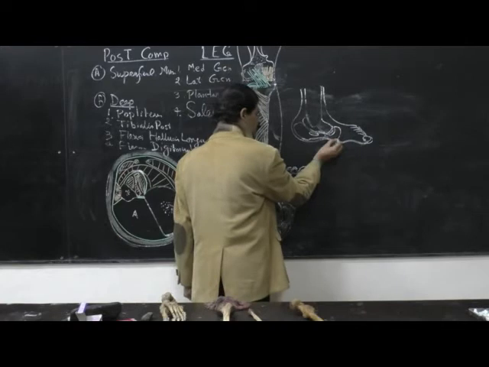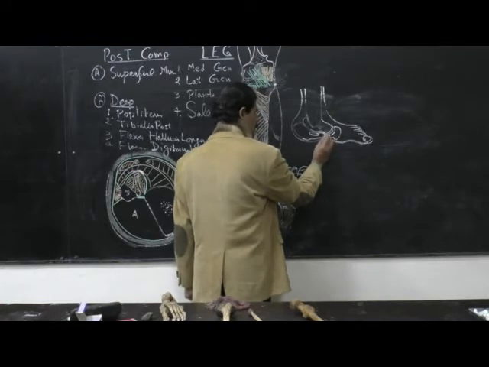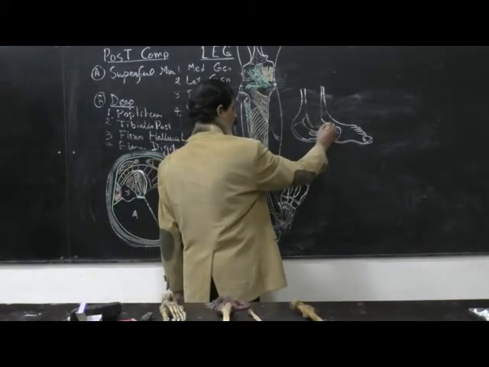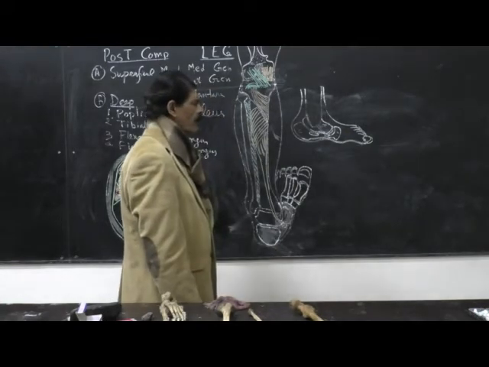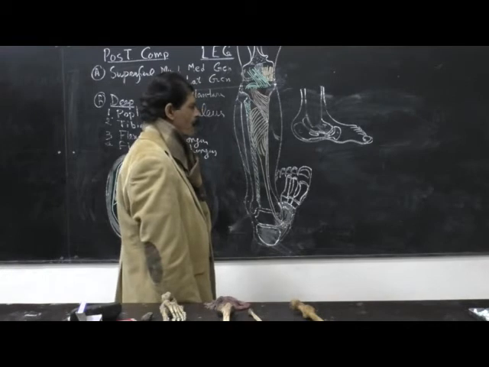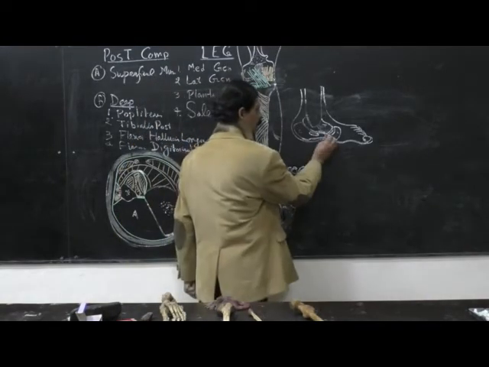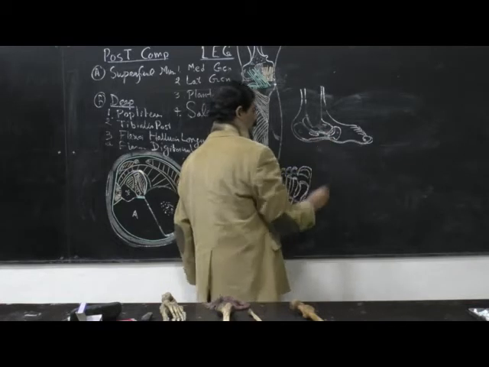The plantar surface of the navicular bone has an oblique groove, like we have done for the cuboid bone. The navicular is board-shaped, then the talus, and this is the calcaneum. The navicular bone and the plantar surface of the calcaneum have a ligament, and this ligament is called the spring ligament.